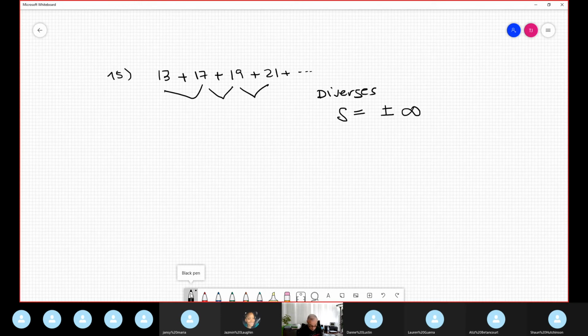I repeat the idea. Only converge in pre-calculus the geometric series whose common ratio, the absolute value of the common ratio, is less than 1. Otherwise, it is divergent. Divergent means increasing forever or decreasing forever, and not bounded to any value.